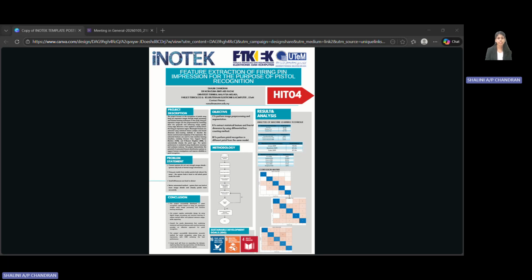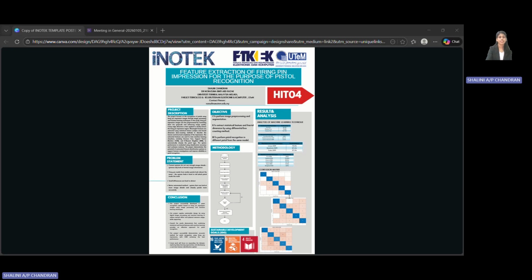Most firing pin images are correctly classified with very minimal confusion between pistols. For model 3, which is KNN, we can see more off-diagonal values, which are wrong classifications. This is because the KNN depends on distance and is sensitive to overlapping data. The medium KNN shows more confusion because the similar pistols have similar features, making it harder for distance-based classification.